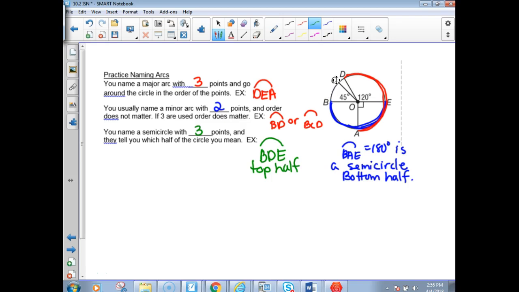Is there another way we could have named it that would represent the same half? Did I have to use D? It would have been okay to do BCE, since you pass one point on the way. So BCE would represent the top half just like BDE would. But you only need 3 letters. Don't give 4.